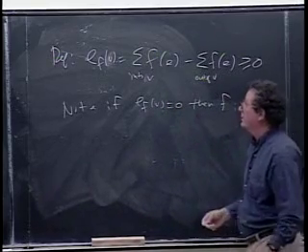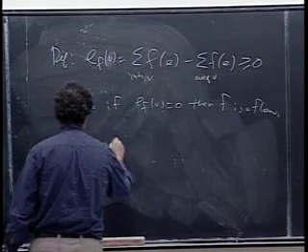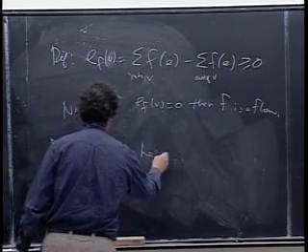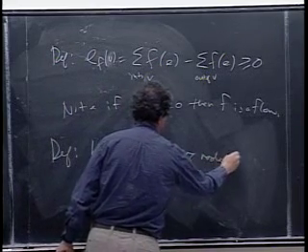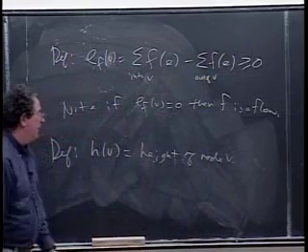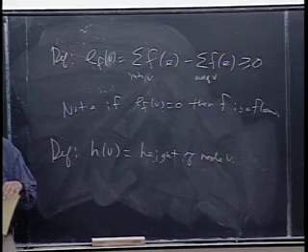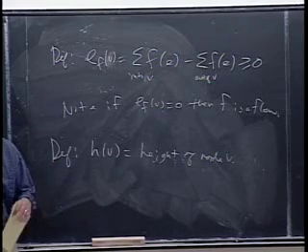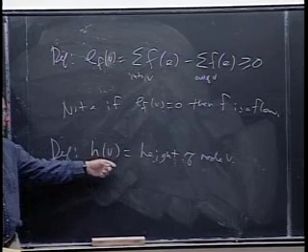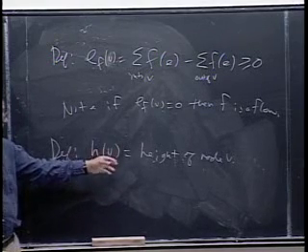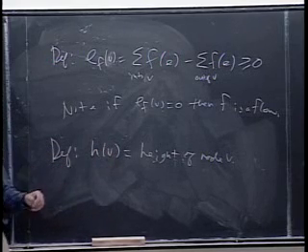All right. Another definition. H(V) is equal to the height of node V. At this point in the book, they try to give a physical analogy or intuition for what this algorithm is going to do. Every node V is going to have an H(V) associated with it throughout the algorithm.